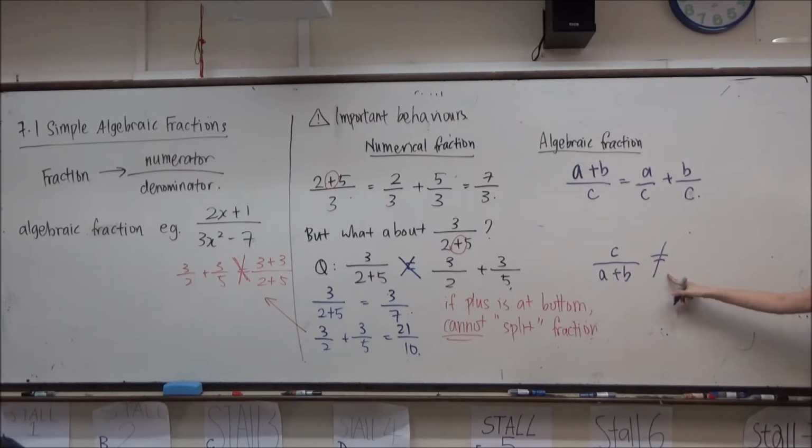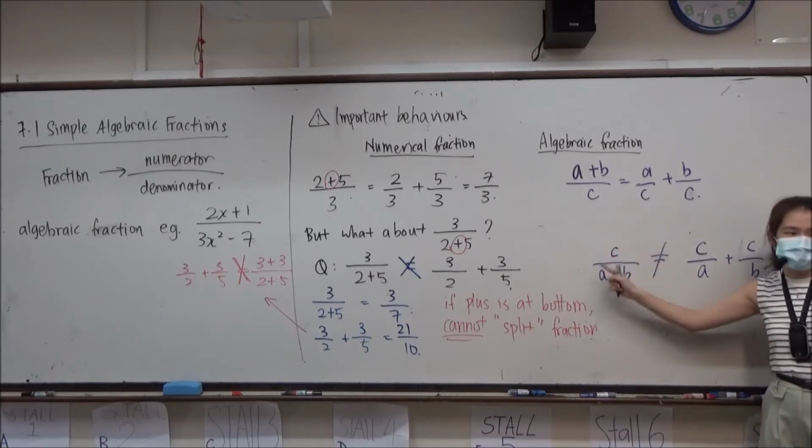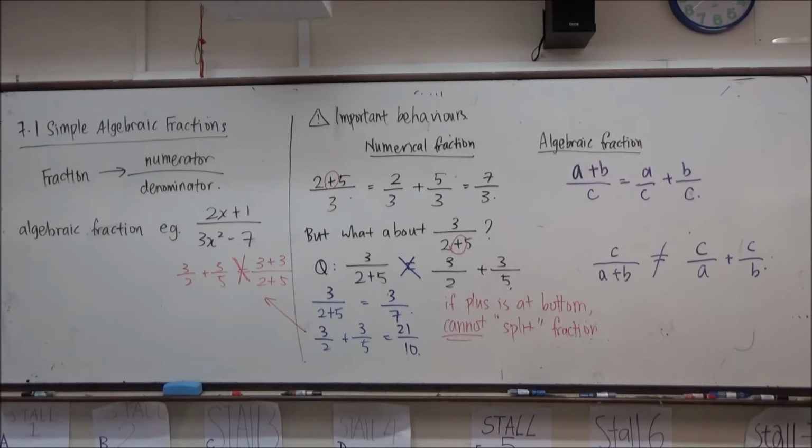This is the sign for not equal to. Right? So we need to be clear about this. There's no way for us to break up this kind of fraction. It will just remain in that manner. Alright?